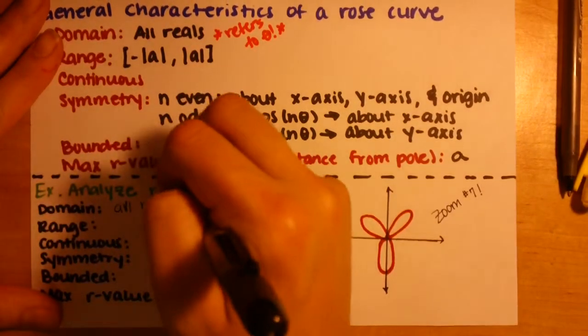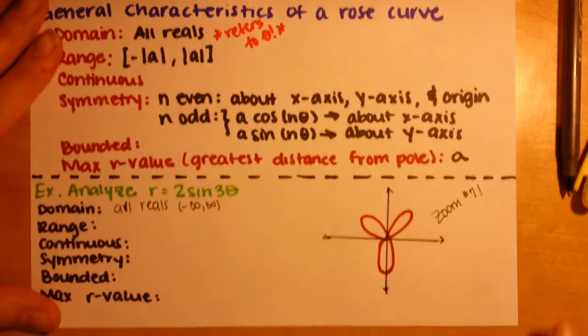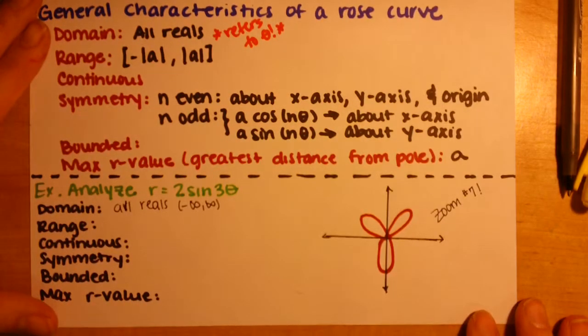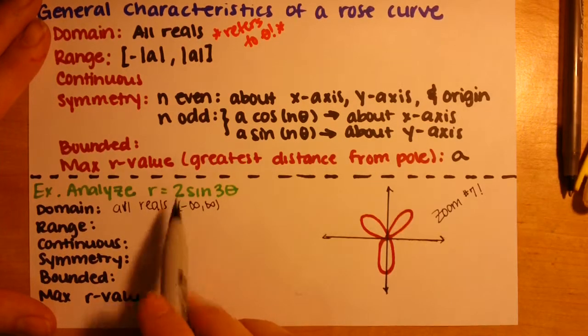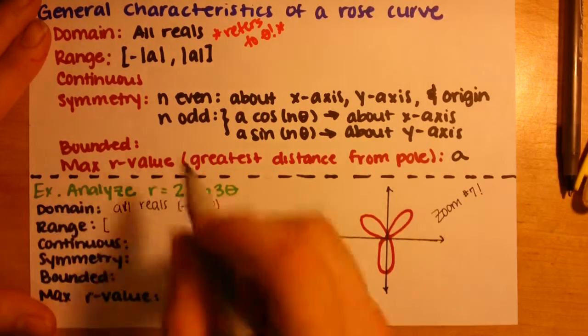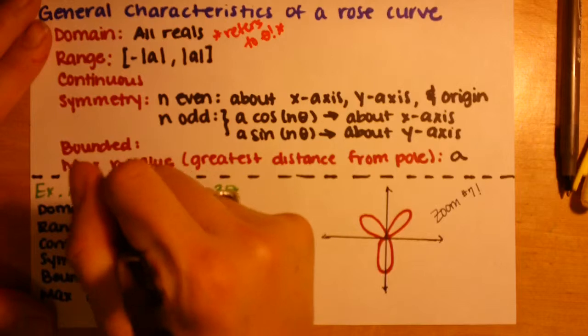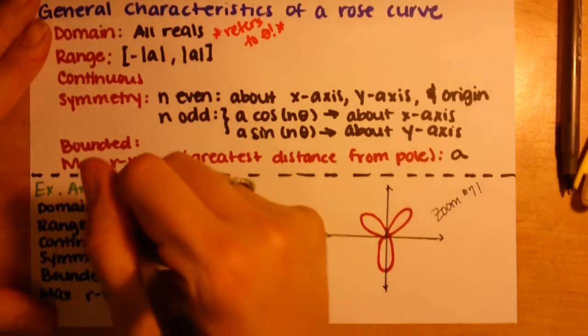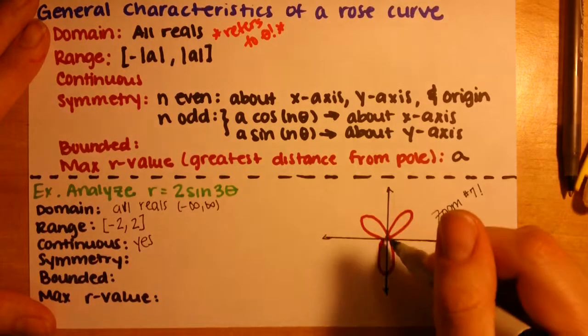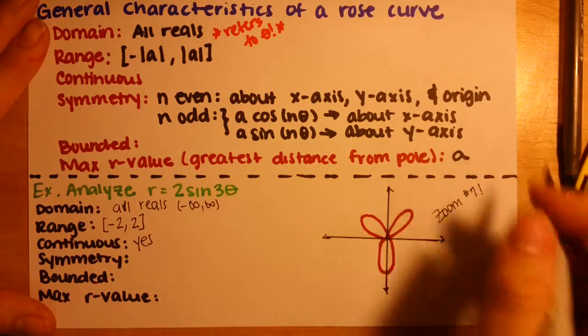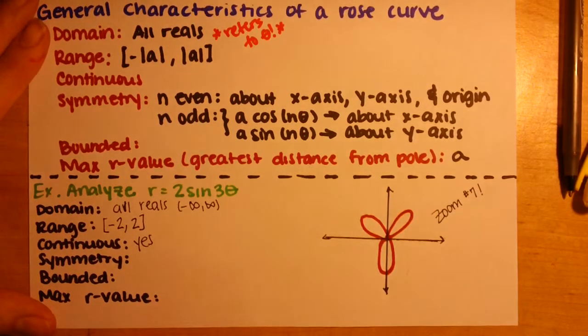Or you can write negative infinity to infinity. Our range is going from the negative absolute value of our A. So absolute value of A is 2, so -2 all the way up to the absolute value of A, which is 2. It is continuous. You can draw the whole thing without picking up your pen. Symmetry.